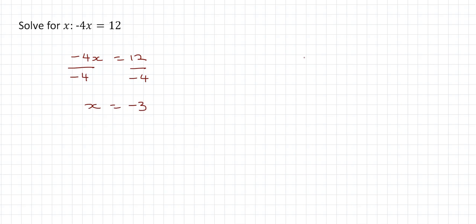Another way to look at this is negative 4x equal to 12. So what I'm doing here is to look for the multiplicative inverse of negative 4, and that is negative 1 over 4. And so I multiply both sides by negative 1 over 4.